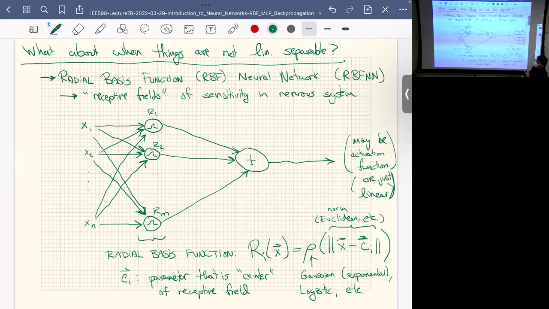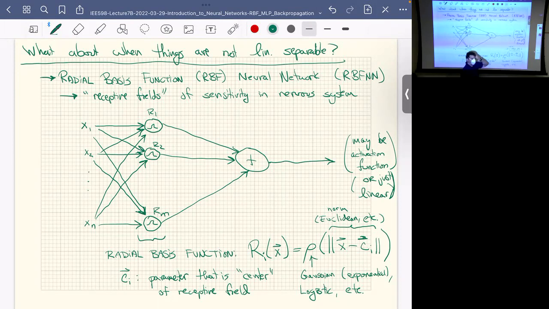And as the feature vector gets farther away from that central point in space, the radial basis function's output falls off. If your feature vector is exactly the same as the center, it will be at its maximum value when it passes out to this sum junction. But if you are way far away, then this one might be equal to 0. So that's the reason why we draw these as bell-shaped curves.